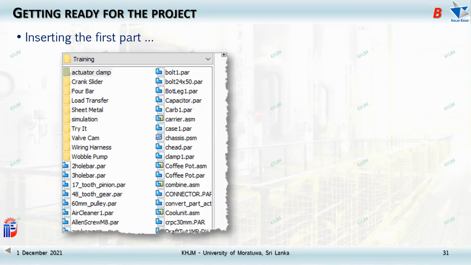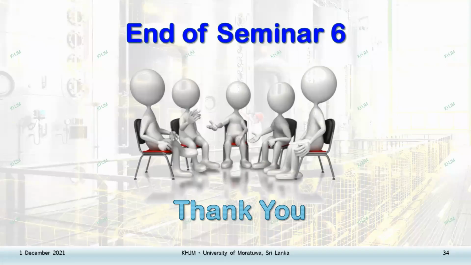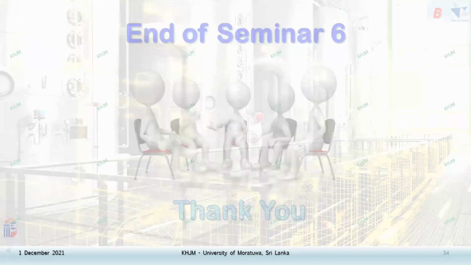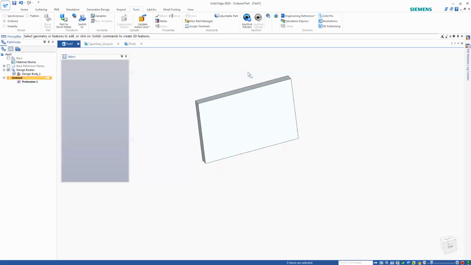And if you click on that top bar, training, you can browse the hard disk and look for your part files or assembly files in different folders. You only need to select one from here, and that will be automatically inserted into your assembly file.